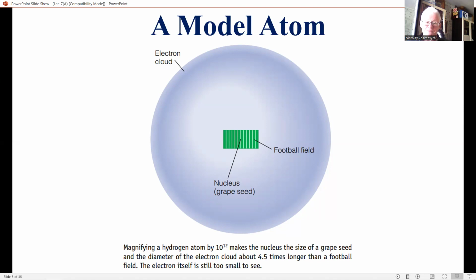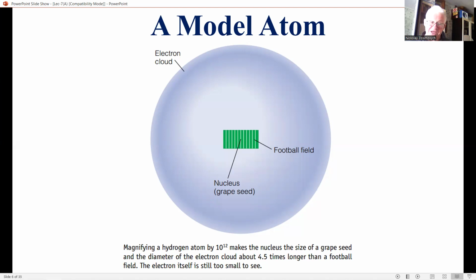To see this, imagine constructing a simple scale model of a hydrogen atom. Its nucleus is a proton with a diameter of about 1.6 times 10 to the power minus 15 meters.